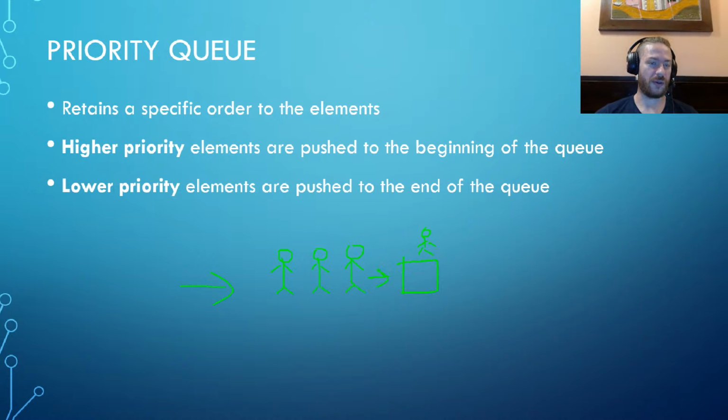That's a normal queue. But a priority queue is, for example, a pregnant lady approaches the queue and everyone sees that her belly is quite huge and says, hey lady, you can go before me. So the pregnant lady has priority to go first, even though she came last.